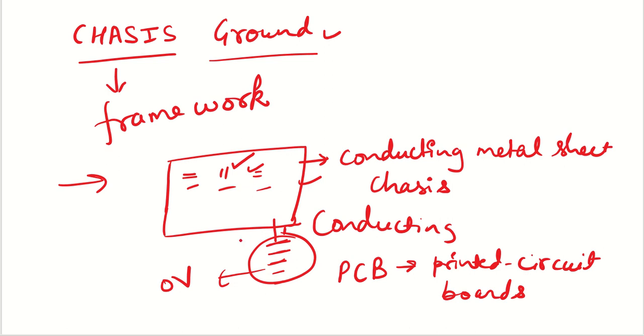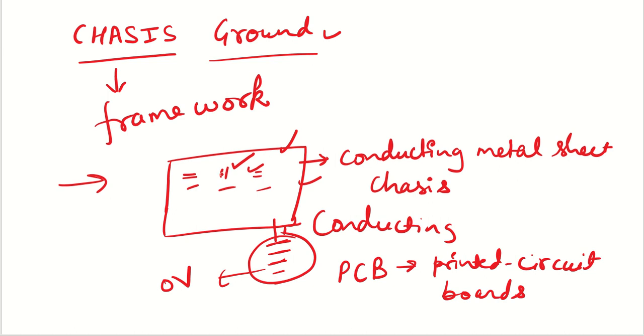We can also say that the selection of chassis as a common ground greatly simplifies the circuit wiring, because you are having a metal conducting sheet. We can also simply draw the diagrams, and it is very helpful for electrical engineers.